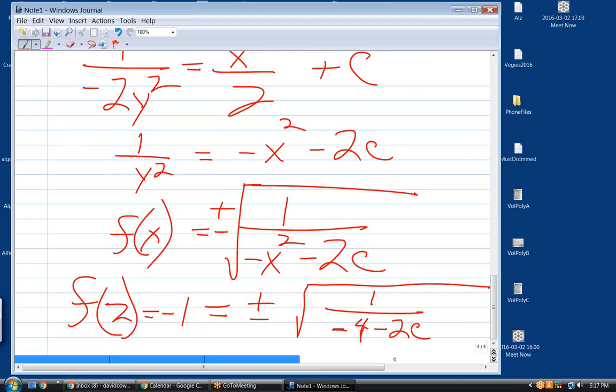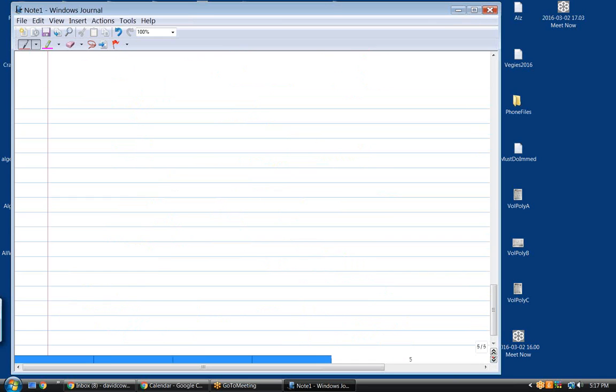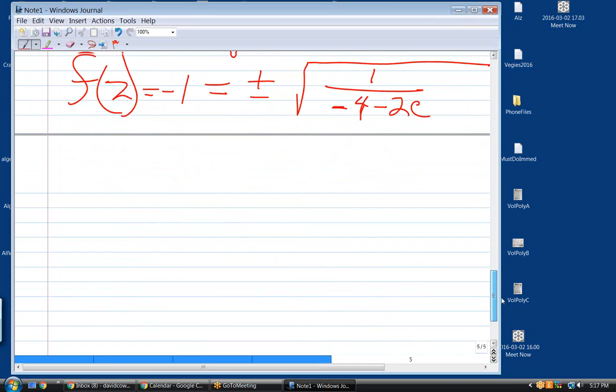So if minus 1 is equal, and this is your easy one, in other words, if minus 1 equals this, I can eliminate the plus sign, right? It's got to be the minus part. So how do I solve this? If minus 1 equals this whole thing, well, you'd have to square both sides, right? Or I could just eliminate the minuses immediately.